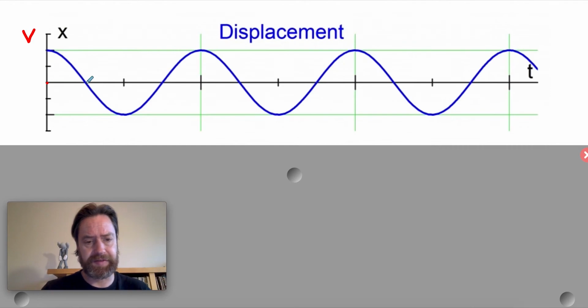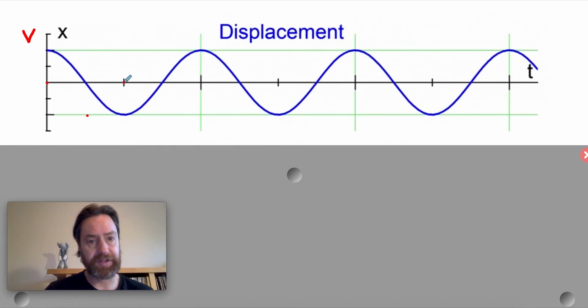But starting from a positive displacement, the first thing the velocity does is get increasingly negative. So when the displacement is 0, the velocity is at a maximum negative value. And then, as we go out all the way to the other side, the velocity goes back to 0 again.